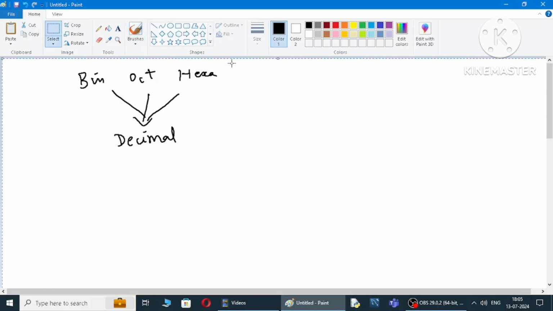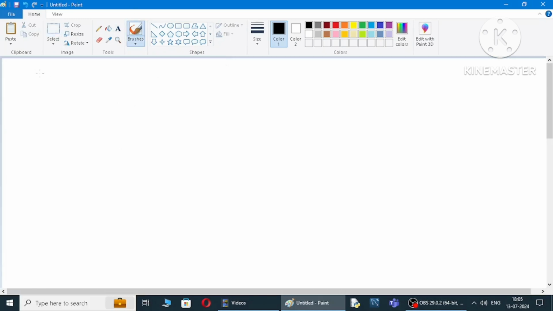So we'll move step by step. First we'll go on to binary to decimal. How do you convert a binary number to a decimal number? So let me consider a number 110101 dot, we'll also have a number like this to the base 2.